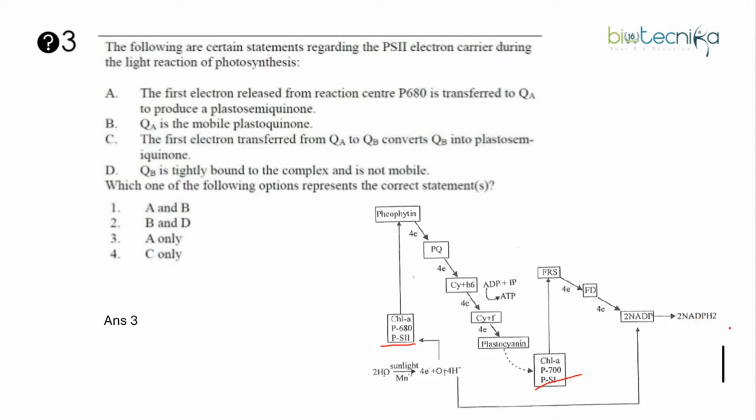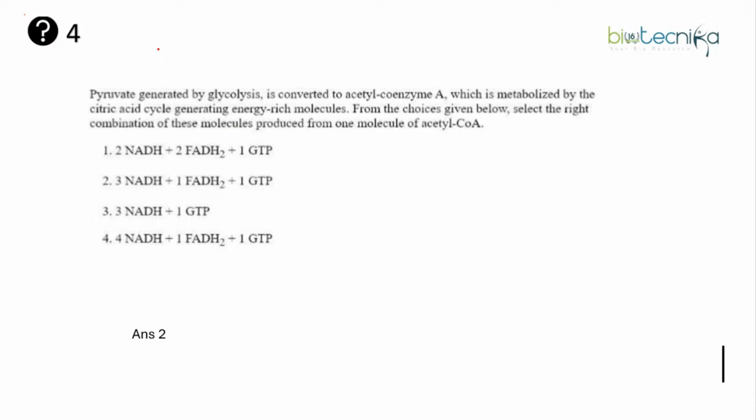So accordingly over here, QA is definitely not a mobile plastoquinone. And the first electron transfer from QA to QB converts QB into plastosemiquinone. These are wrong statements. So the correct option is only statement A, right?